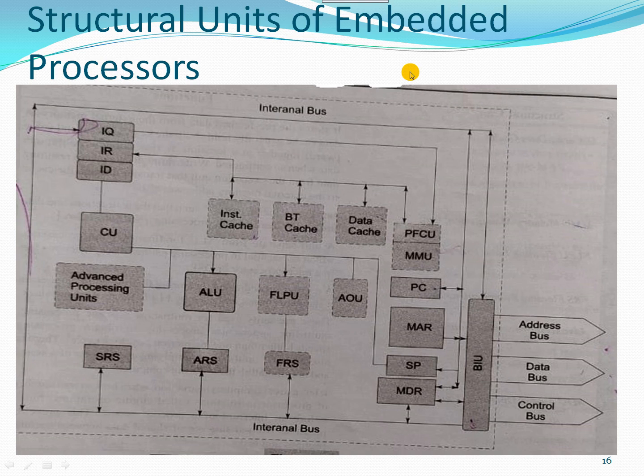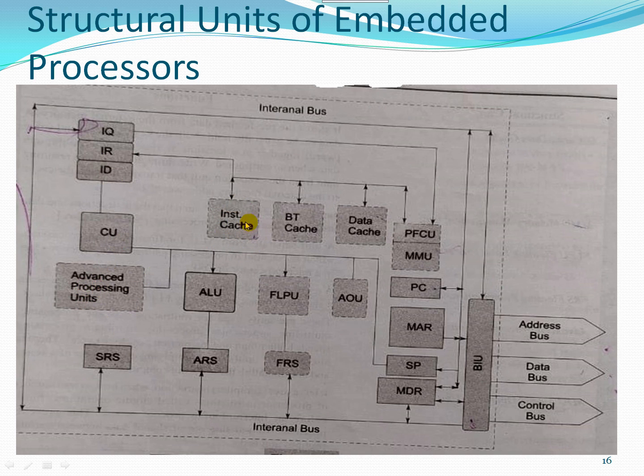So here I will name them one by one so that you can get into the details of this particular diagram. First one is instruction queue. Instruction queue, instruction register, instruction decode. This is the control unit, advanced processing units.